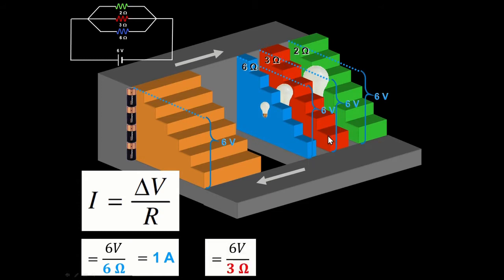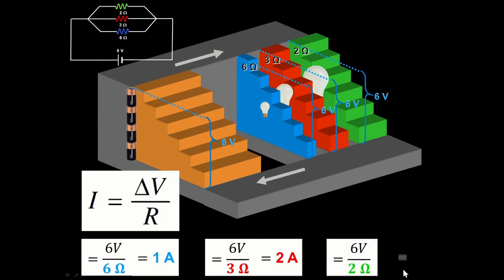This one gets 6 volts, but it's on 3 ohms, so there's going to be 2 amps running through that one. 6 volts and 2 ohms, there's going to be 3 amps running through that one. So if there's 3 amps through that one, 2 amps through that one, and 1 amp through this one, there's going to be 6 amps altogether.